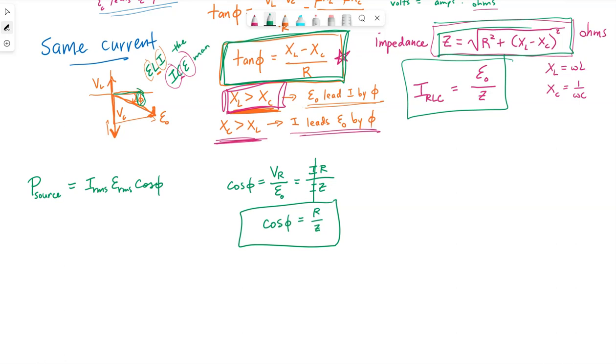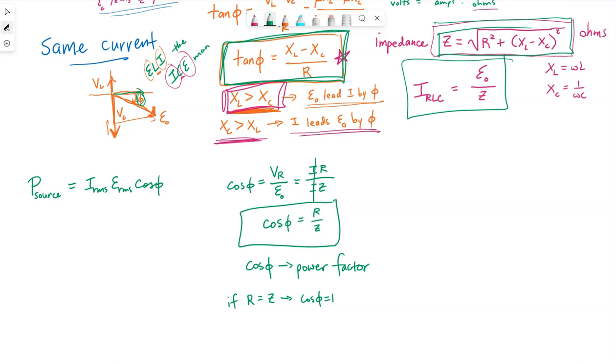So cosine of phi ends up equaling R over Z. We call cosine of phi the power factor. If R is equal to Z, then cosine of phi has to equal 1.